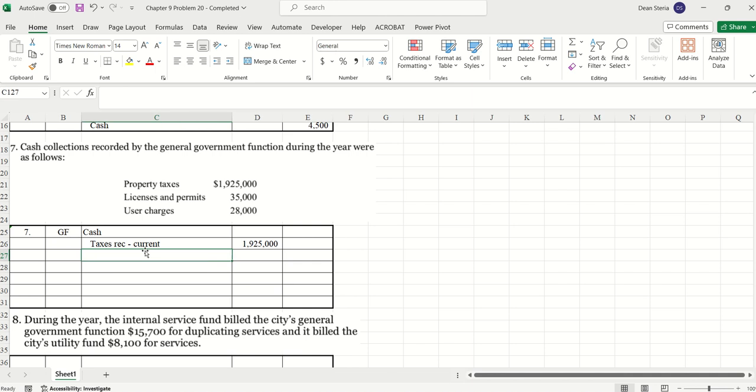and then we have our program revenue. Program revenue, general government charges for services.